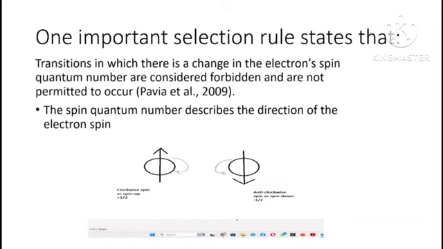How is the electron spinning on its own axis as it moves around the nucleus of the atom? That system is what we call the spin quantum number. So the spin quantum number tells you how the electron is rotating or spinning on its own axis whilst it moves around the nucleus of the atom. Okay, that is what we are trying to look at over here.